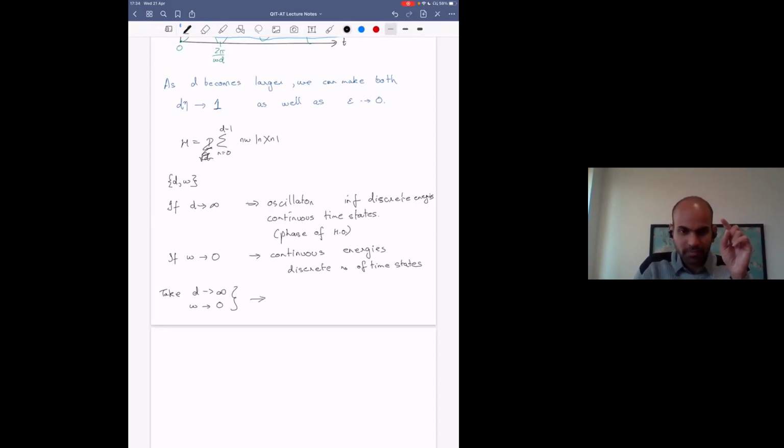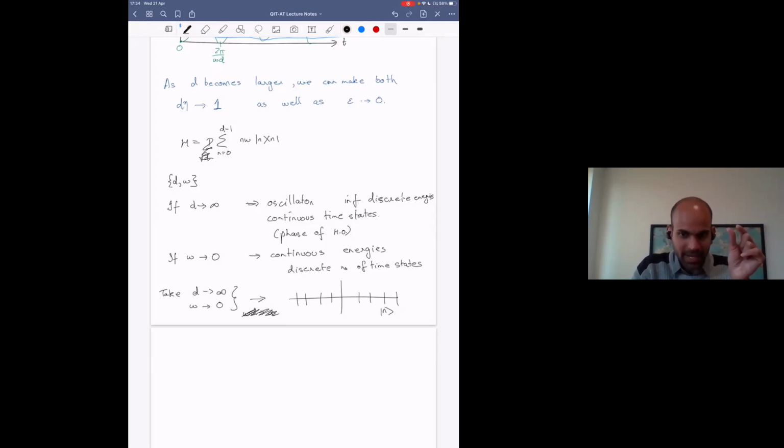If you write down a Hamiltonian in this form, where these are all of the states n, then D going to infinity means that it has many of them, and omega D going to infinity basically means that the spacing between them also goes to 0. Sorry, I will confirm this the next time.